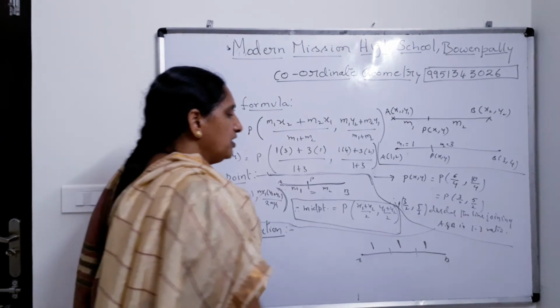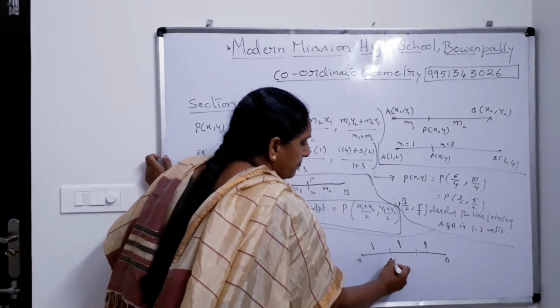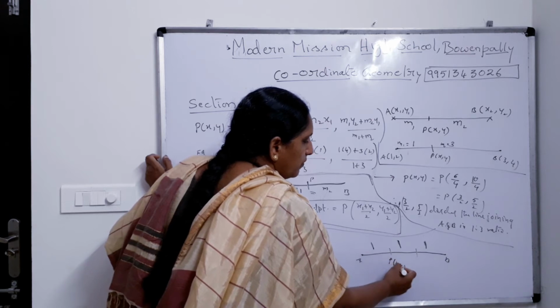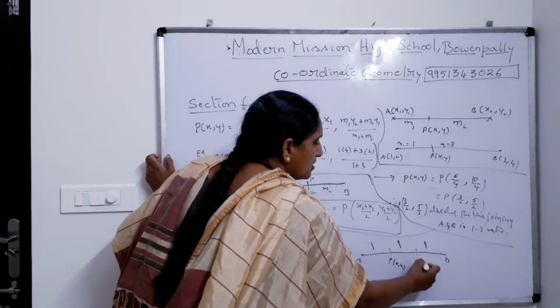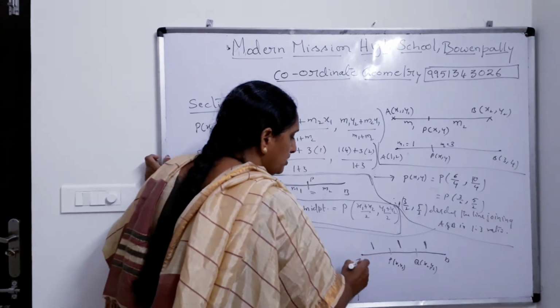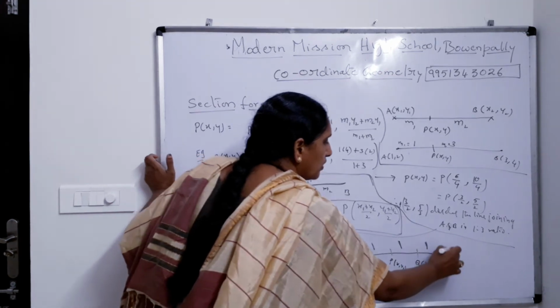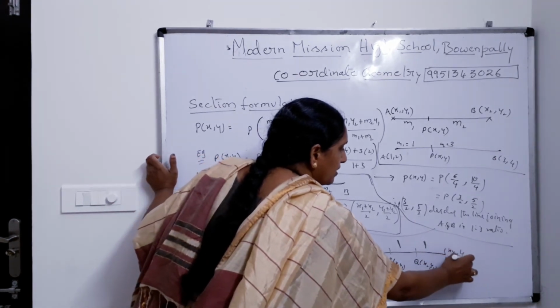Right. So now let me take this one as some point x1 comma y1. Q is some x2 comma y2. Okay, some x3 comma y3, x4 comma y4. Just like that I am taking.